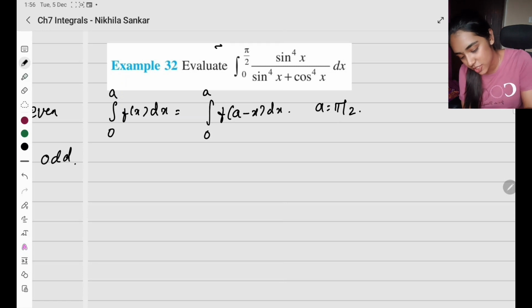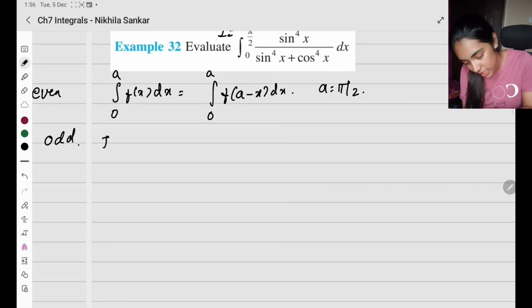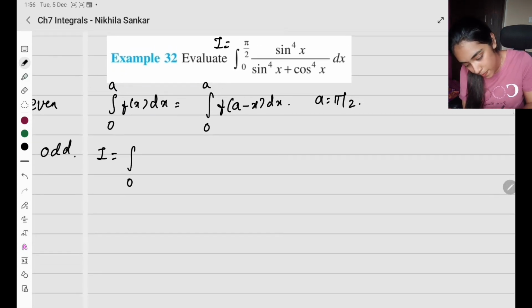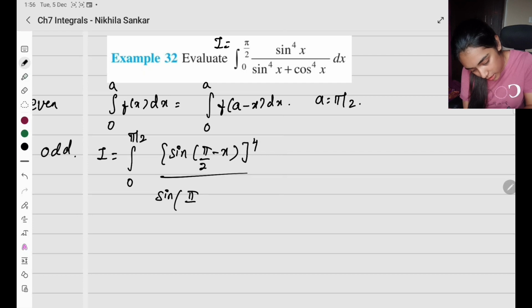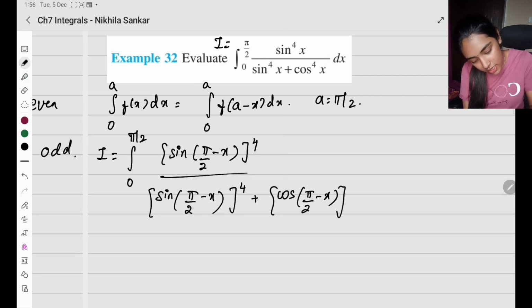So how does my integral change? My I integral changes as 0 to pi by 2 sin of, what will it change to? a minus x, which is pi by 2 minus x the whole power 4 divided by sin of pi by 2 minus x the whole power 4 plus cos of pi by 2 minus x the whole power 4 times dx.